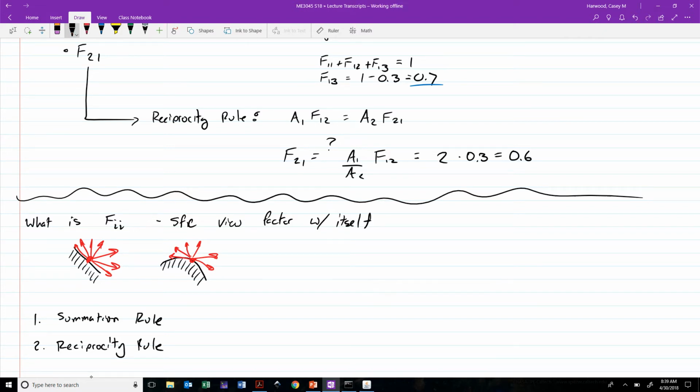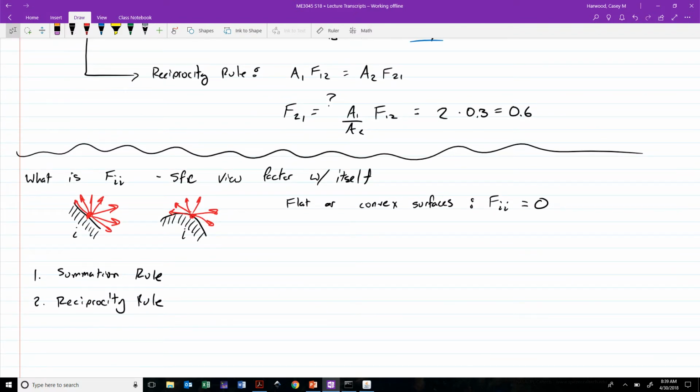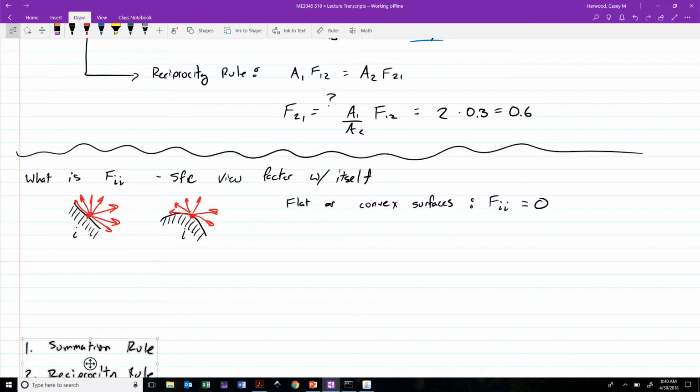So for flat or convex surfaces, F_ii is equal to 0, where in either case this would be surface i. That's why in the example we just did, we're able to say F11 is equal to 0. It's because it was a flat planar surface.